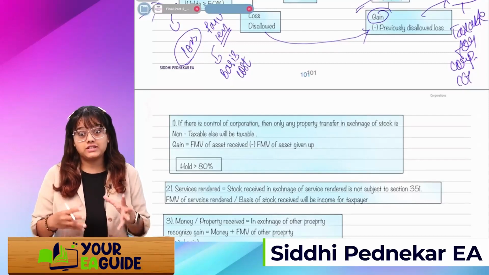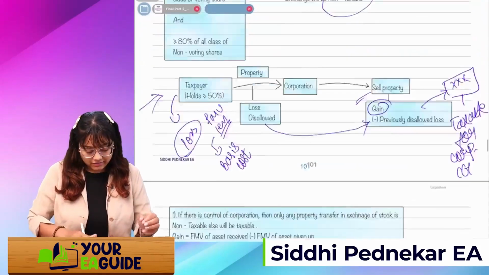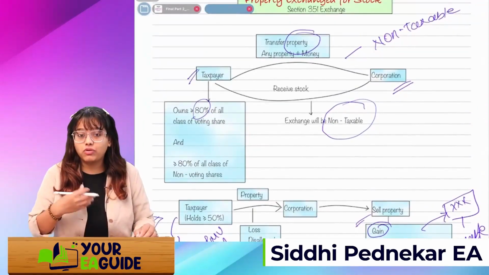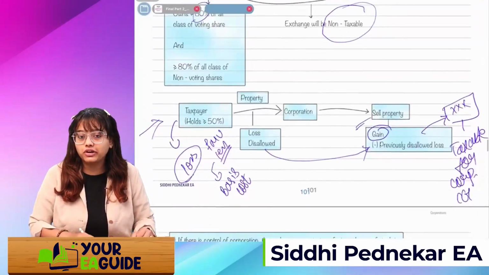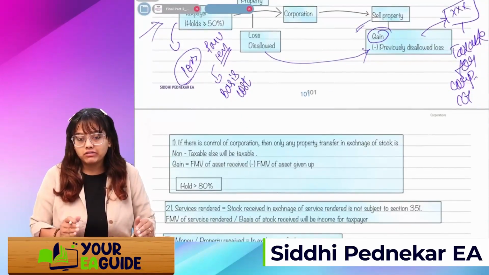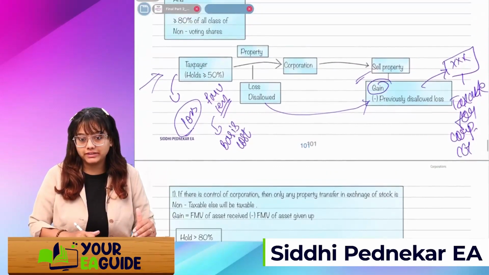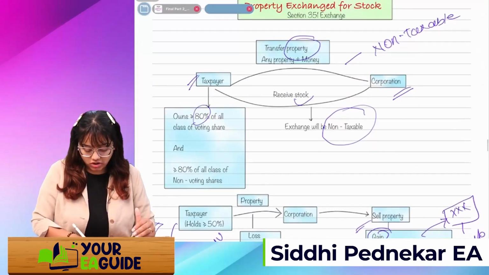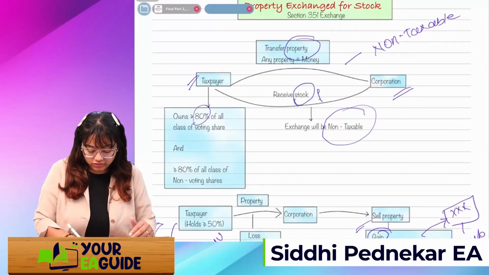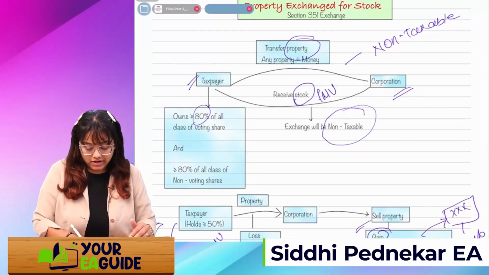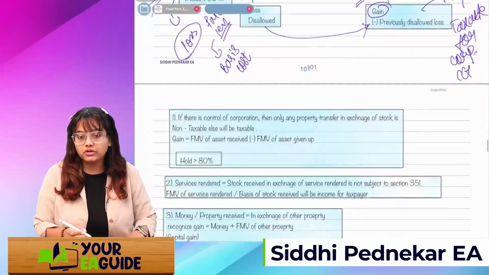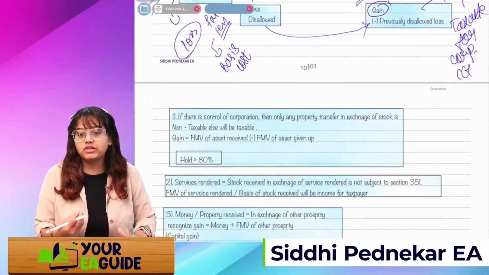So what if it is taxable? The taxpayer will record a gain. So what amount of gain should the taxpayer record? It's the fair market value of the asset received. Whatever he is receiving, what is he receiving? Stock. So the FMV of this stock, we will reduce whatever we are giving up, so the FMV of the asset given up.